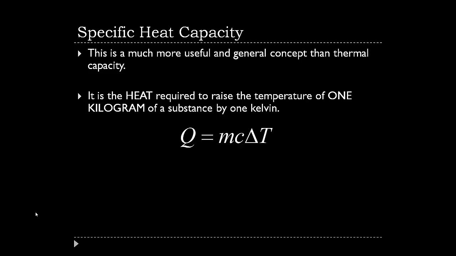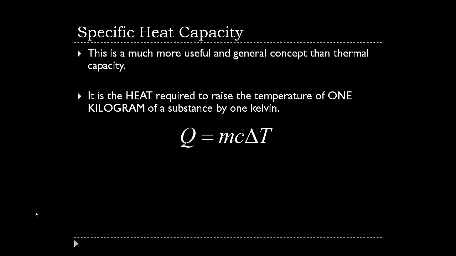And so our equation that relates these concepts now is Q is equal to m c times delta T. So m is the mass of the object, c is the object's specific heat capacity, and delta T is the change in temperature when we apply a certain amount of heat, Q.